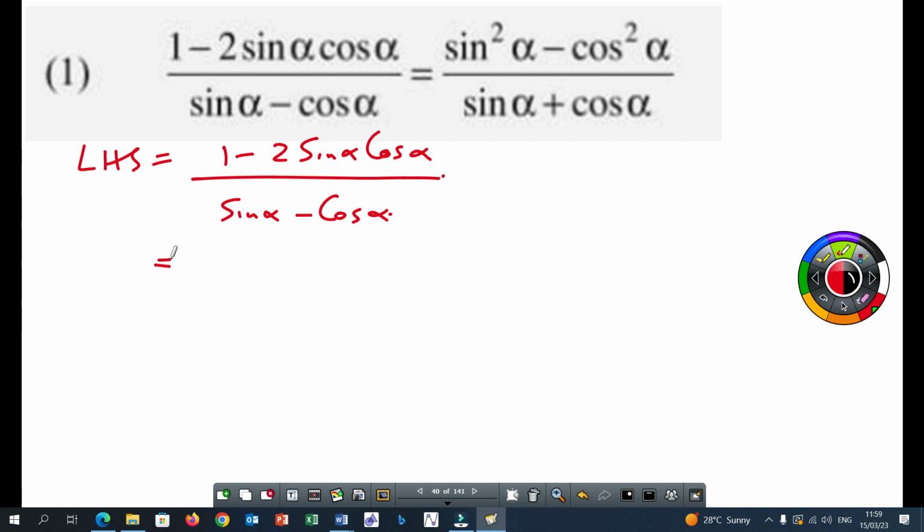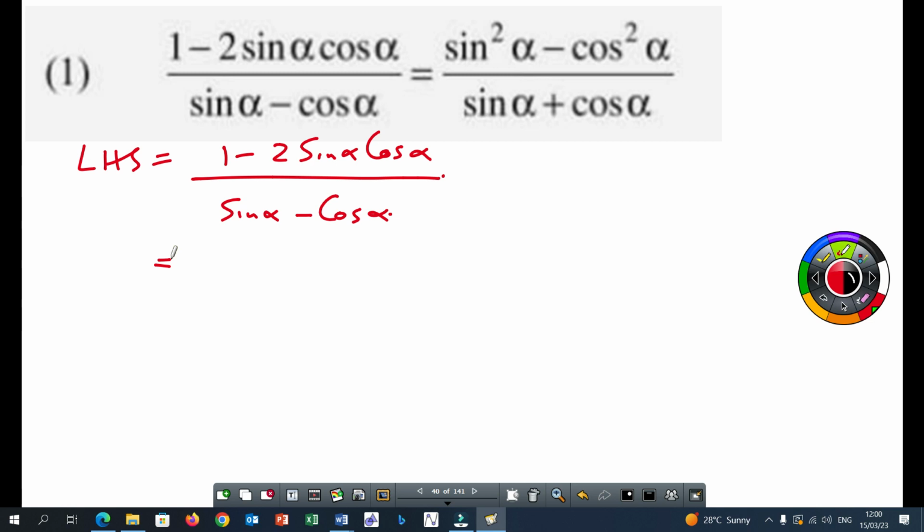Why? Sit straight. Okay. So first thing here, if I want to create the sine alpha minus cos alpha in the denominator, I need to create a trinomial in the numerator. To create the trinomial, it must be a trinomial which can be factorized. Now, that's very simple.